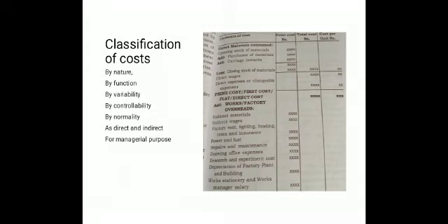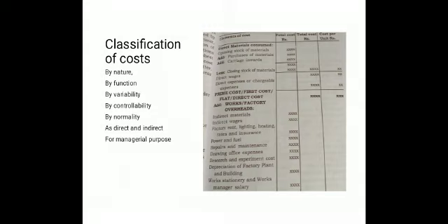Anyway, total cost is in the form of direct cost and indirect cost. Under direct cost, we are further classified into direct material, direct labor, and direct expenses. Under indirect cost, we are further classified into indirect material, indirect labor, and indirect expenses.